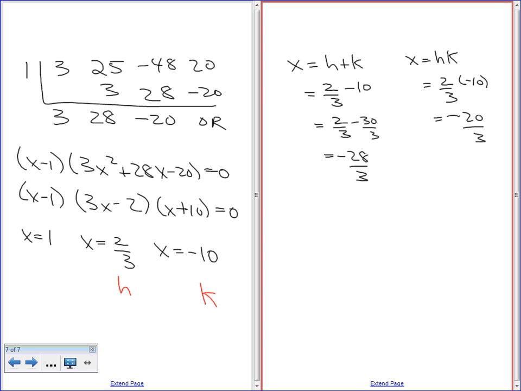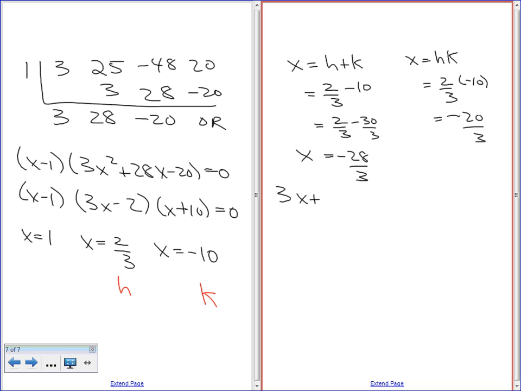So if x is equal to negative 28 over 3 is my answer, what factor would I have solved equal to 0 to get this as an answer? What expression would I have solved? John. Put it in standard form. Remember, always want it in standard form, right?